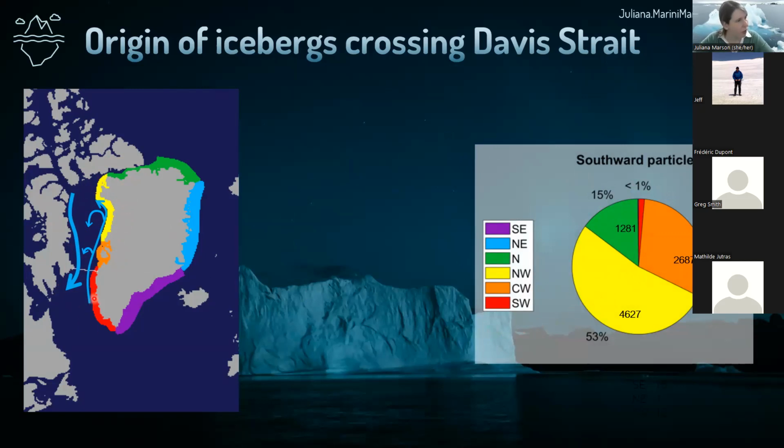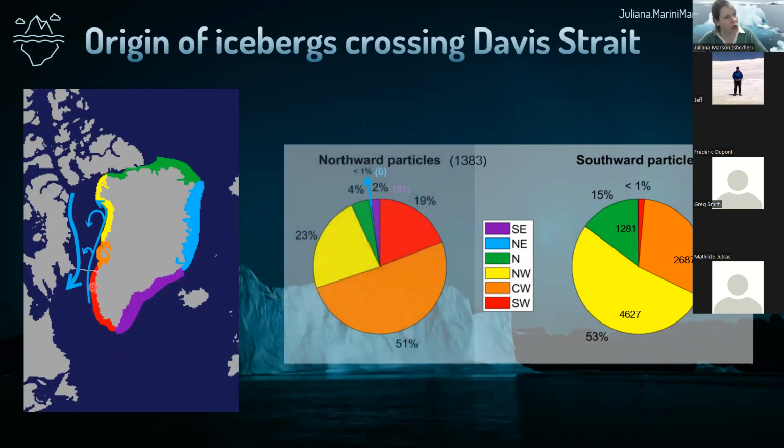But then think about what you would expect for the icebergs crossing northwards in the strait, where would they be coming from? To my mind, they would be coming from the east sectors of Greenland, or especially the southwest sector. But when you do the same pie chart for the northward icebergs, the icebergs coming from those 3 sectors are just around 20% of the icebergs crossing northwards.